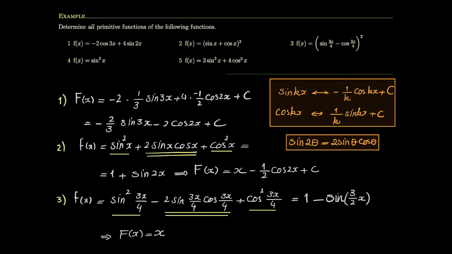This is k, 1 over k becomes 2/3, yes? And then I have a minus sign there, so it becomes positive 2/3 cosine 3 over 2 x, and then of course I have a constant. So it is important to interpret these fractions of numbers as multiplicative constants.